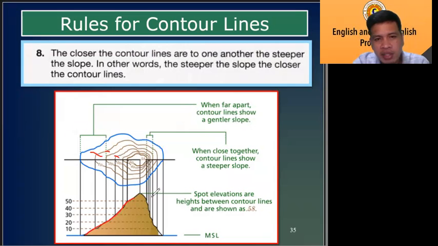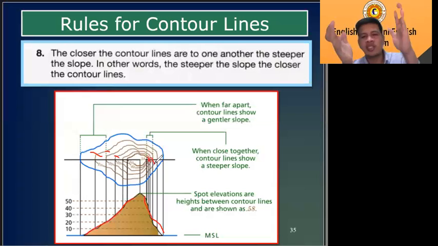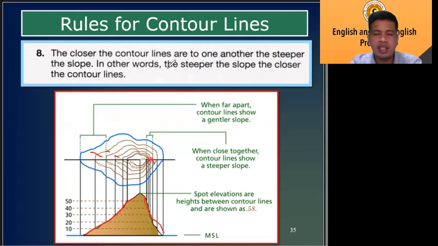But on this side it's steeper, so the lines are closer to each other. If it is not very steep, the lines are not very close to each other. That's according to rule number 8.